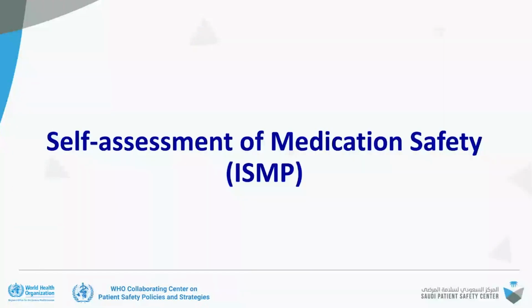Now, after a lot of things, once you document and establish the program, one of the things you can do is a self-assessment of medication safety. As I told you, this is the self-assessment from ISMP.